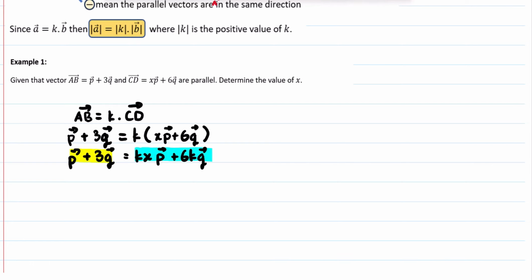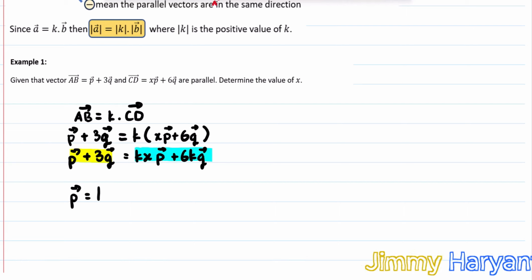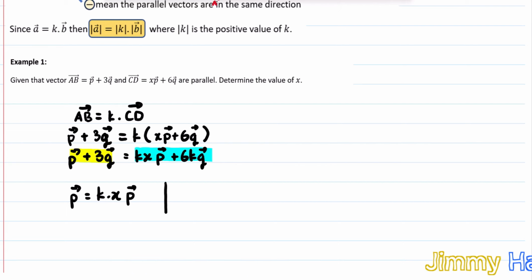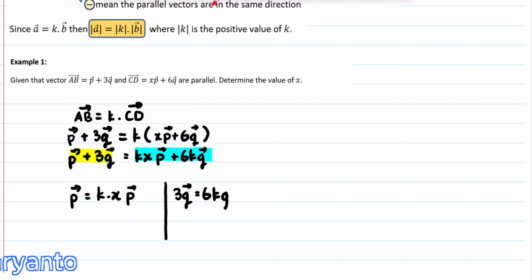That means we have to compare. We compare the P first. For the P, it will be P equals KXP, just like that. And then for the Q, it will be 3Q equals 6KQ.